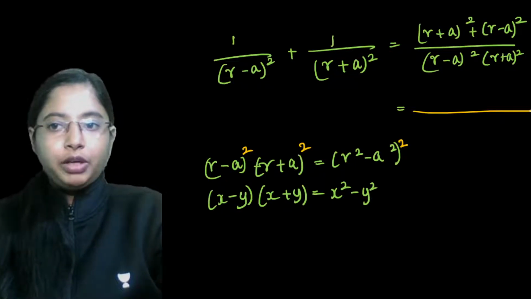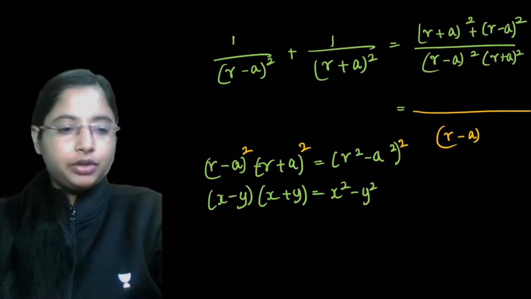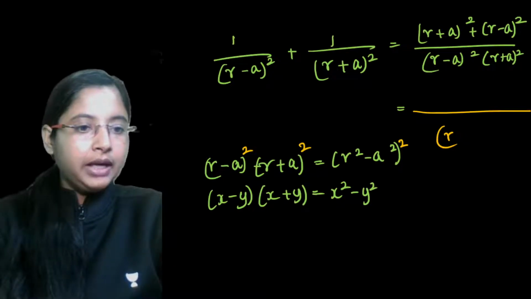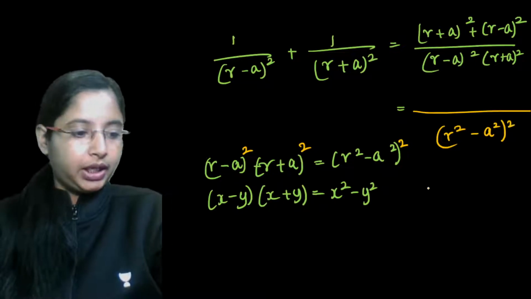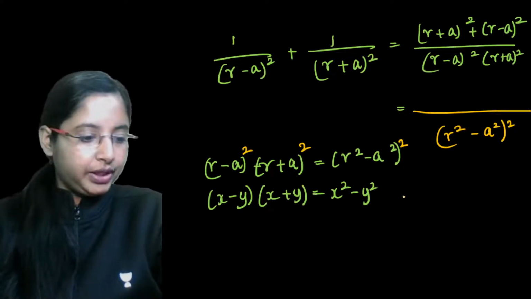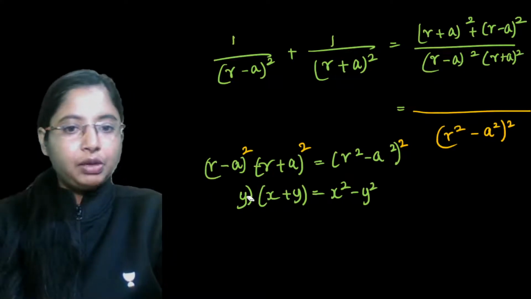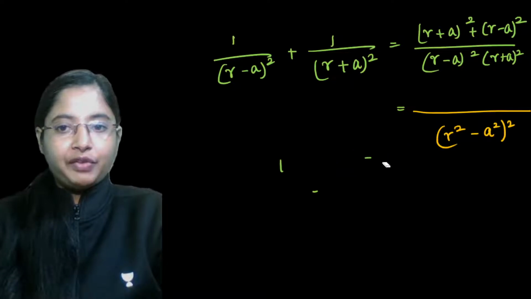So in the denominator, it is reduced to (R square minus A square) the whole square. Yes Akshay, thank you for the formula. Now this is the denominator term. We are done with this term, we have reduced it.